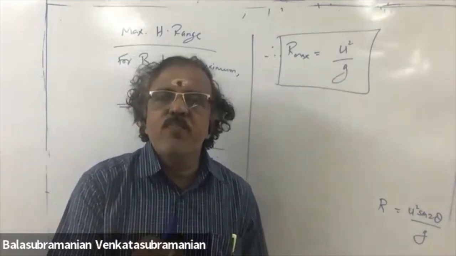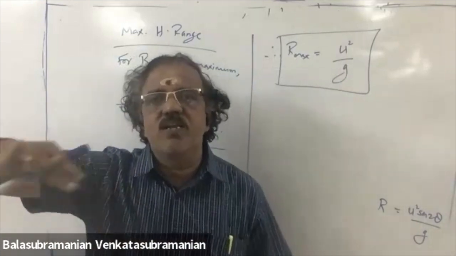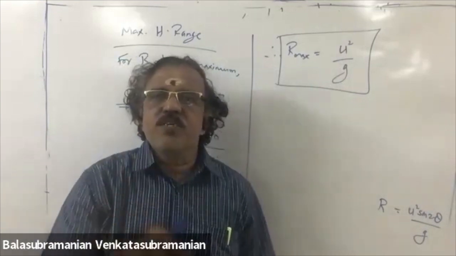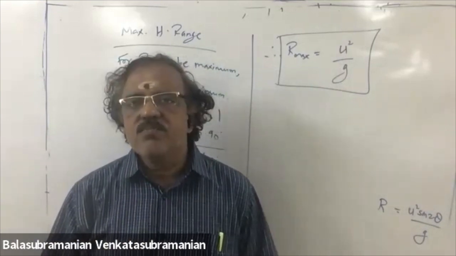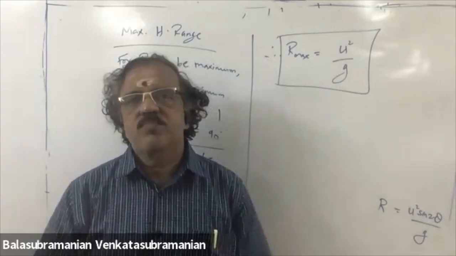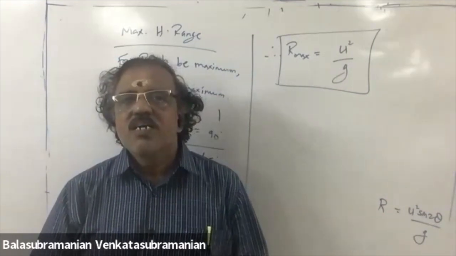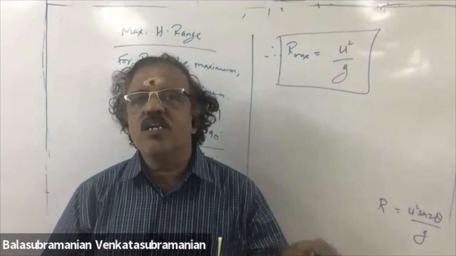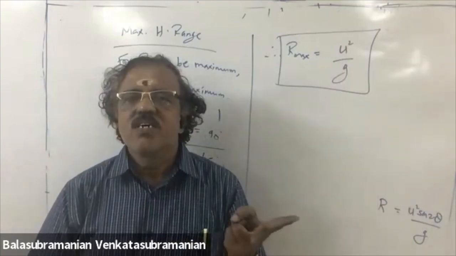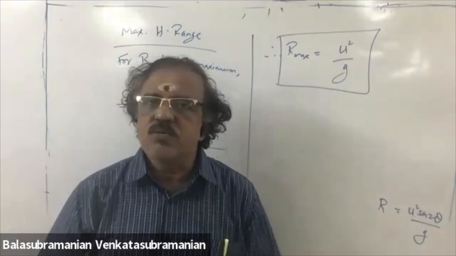Second type, body projected obliquely, that is projection from the ground level. In the case of body projected from top of the building, we have proved path of the projectile is a parabola. And we have derived equations for time of flight and horizontal range. Then we have discussed resultant velocity for that body also.